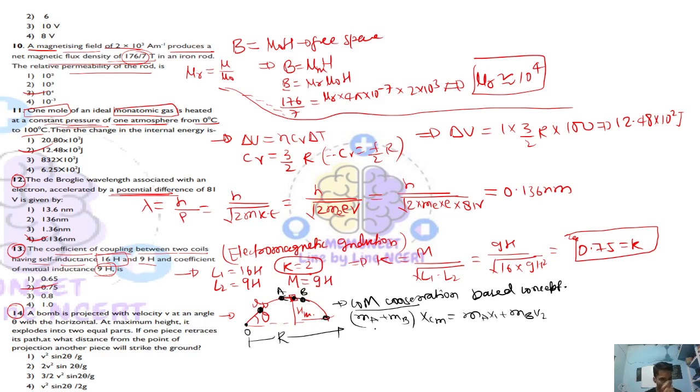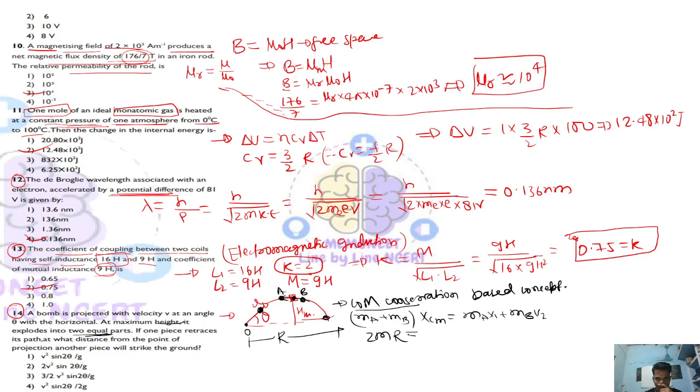So m1 and m2: it explodes at maximum height into two equal parts, so the total becomes 2m, and x center of mass equals R. Center of mass will follow the same path.